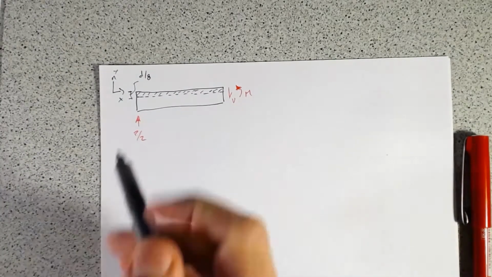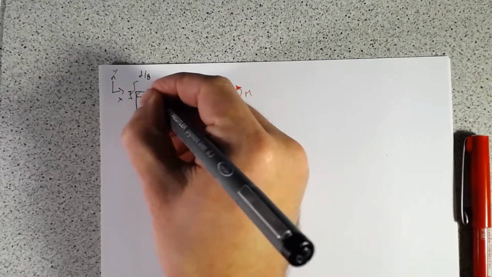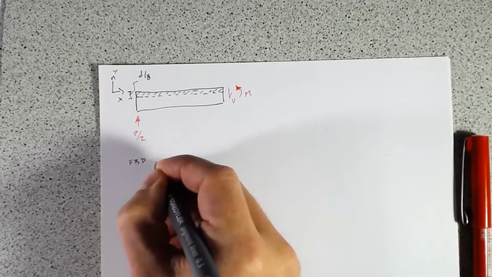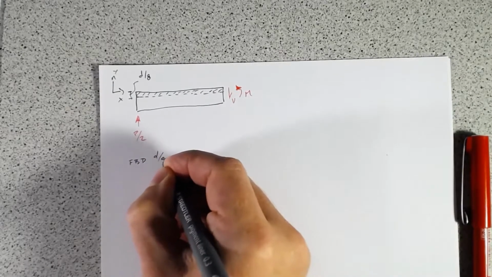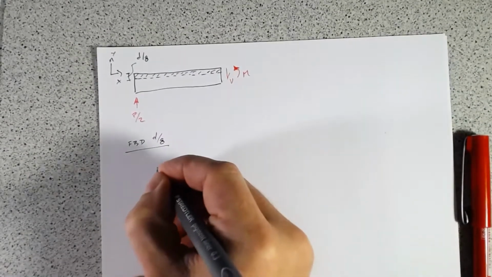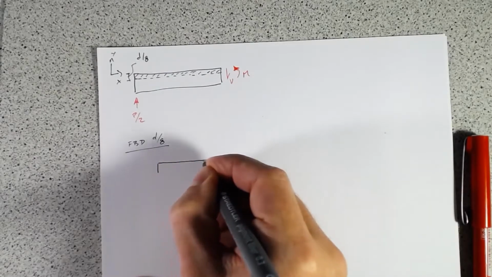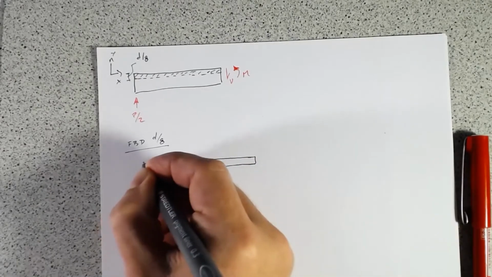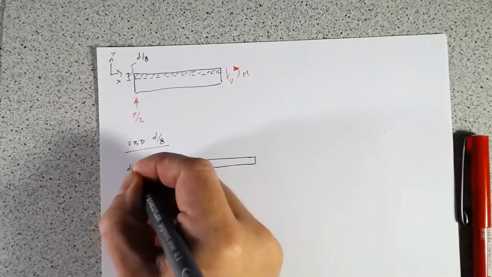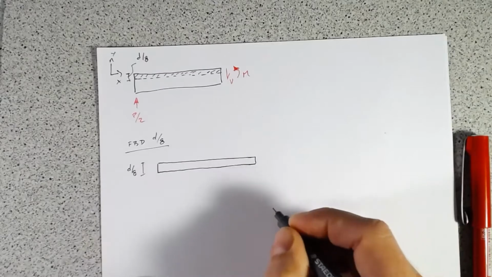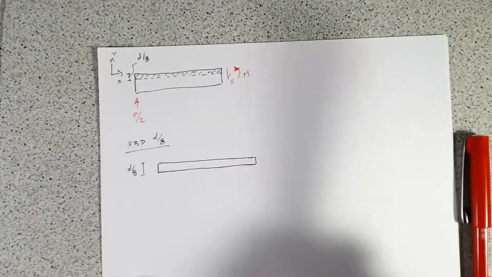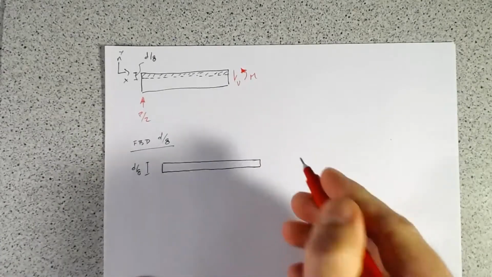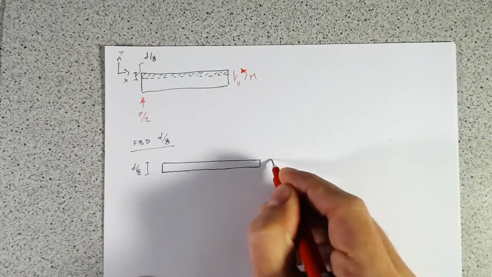And so what is that? We'll call this free body diagram D over 8. So we know that we have some height here. That height is D over 8. And we can look at what our bending stress is over that distance.